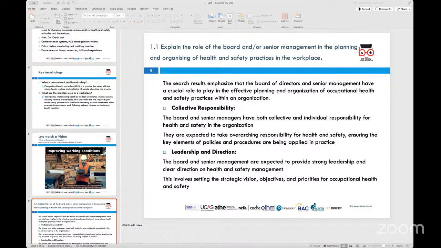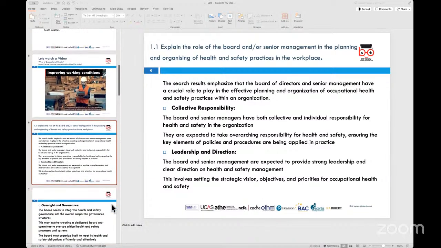This would also include asking relevant people within the organization to do a review of the preventive and protective measures which are required to be in place, and thereby ensuring that they have competent health and safety procedures which are implemented within the organization so that employees feel safe and they get this safe environment to be able to work, and you're essentially eradicating any risks by implementing these protective and preventive measures within the organization.